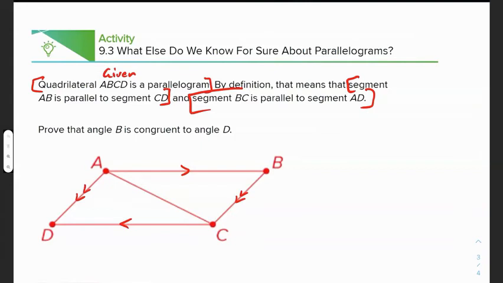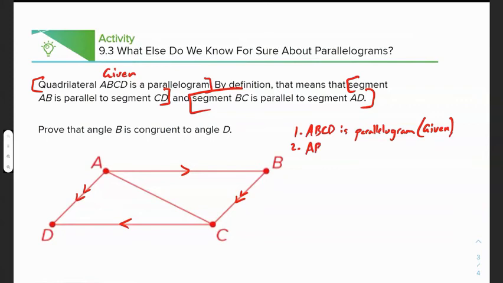Okay, good. So the definition of a parallelogram, right? We should know. So first things first, right? 1, ABCD is a parallelogram. That was given. Okay. 2, all right.